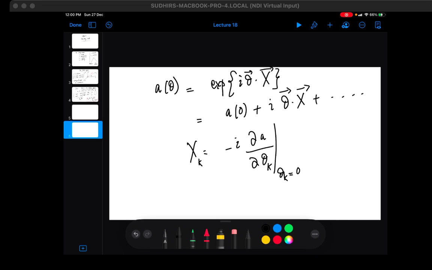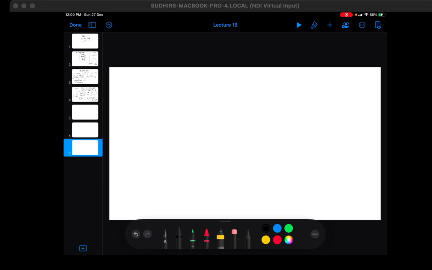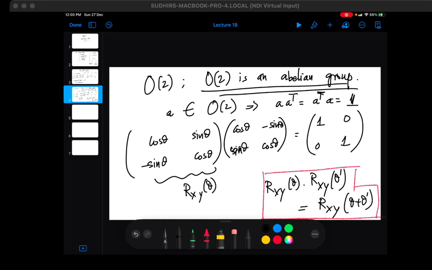So for O2, say for example, if we define it as O2, you can generally get it just from this essentially.